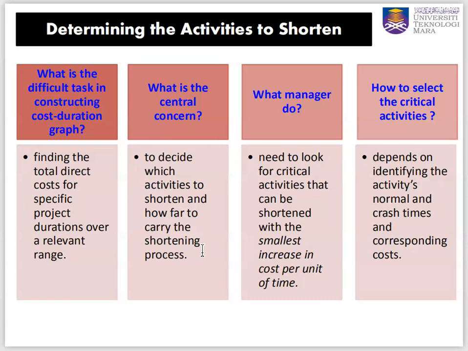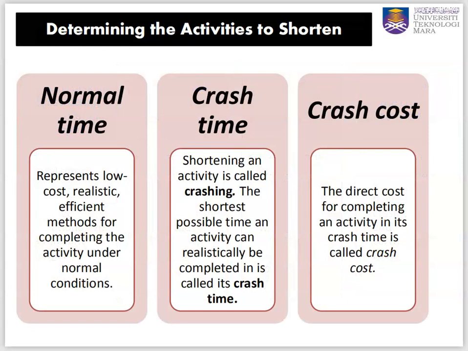Normally, managers need to look for critical activities that can be shortened with the smallest increase in cost per unit time. How do we select the critical activities? It depends on identifying the activities' normal and crash time and the corresponding costs. So this is the normal time, the crash time, and also the corresponding crash cost.